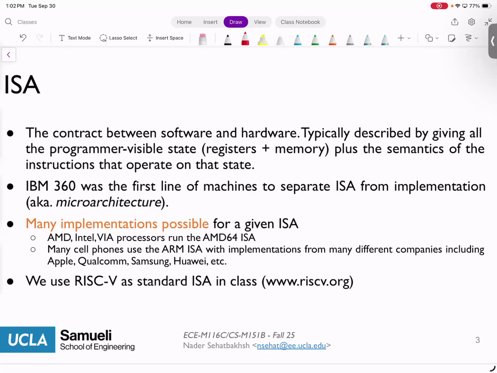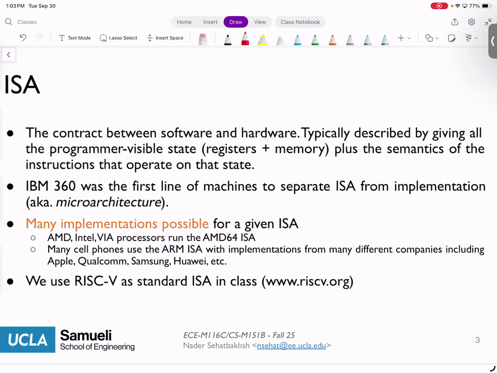For example, both AMD and Intel use what we call x86, which originally was the AMD 64 ISA. Cell phones use ARM ISA. So as I said, Apple, Qualcomm, Samsung, Huawei, etc., they are all using implementations of the ARM ISA. Even within the same company, there might be multiple implementations.